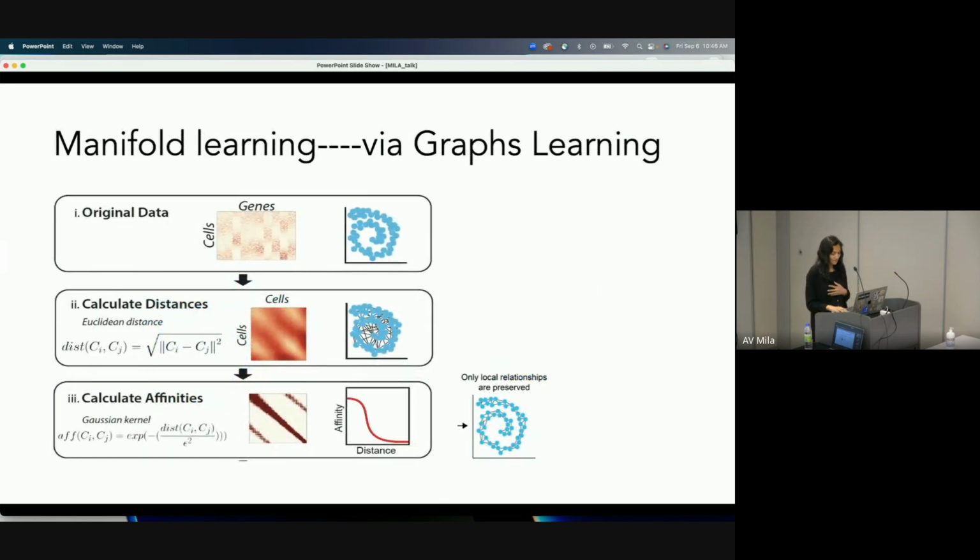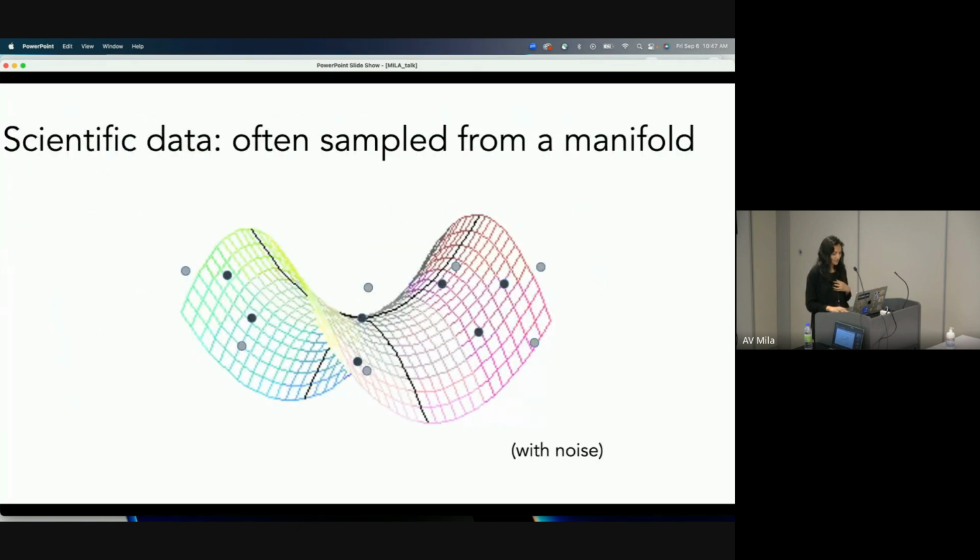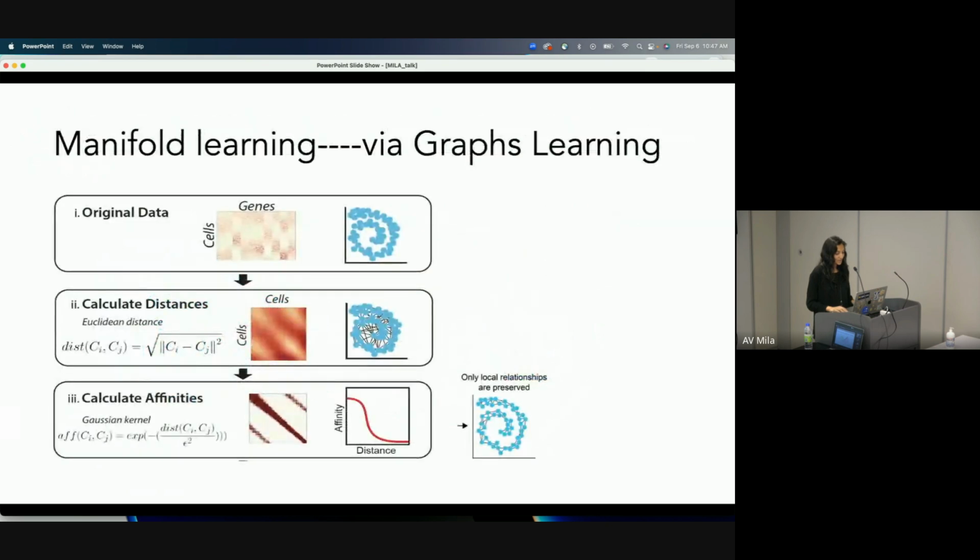As I mentioned, you don't have direct access to this manifold, so we have to learn it. And one of the ways we learn it is via graphs. The basic way is to take this point cloud data and create some kind of affinity or adjacency graph from it.